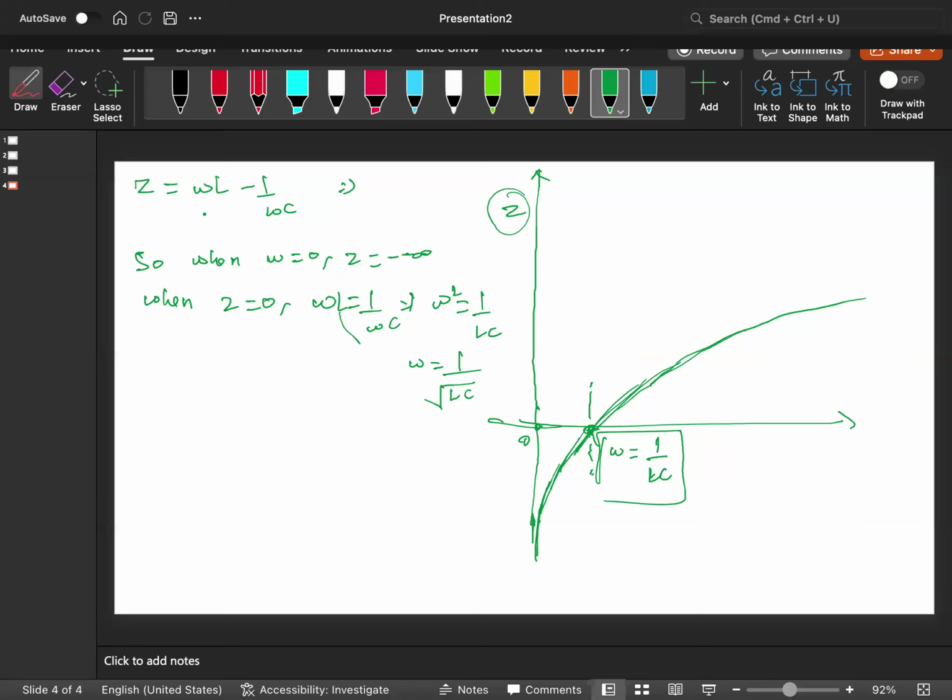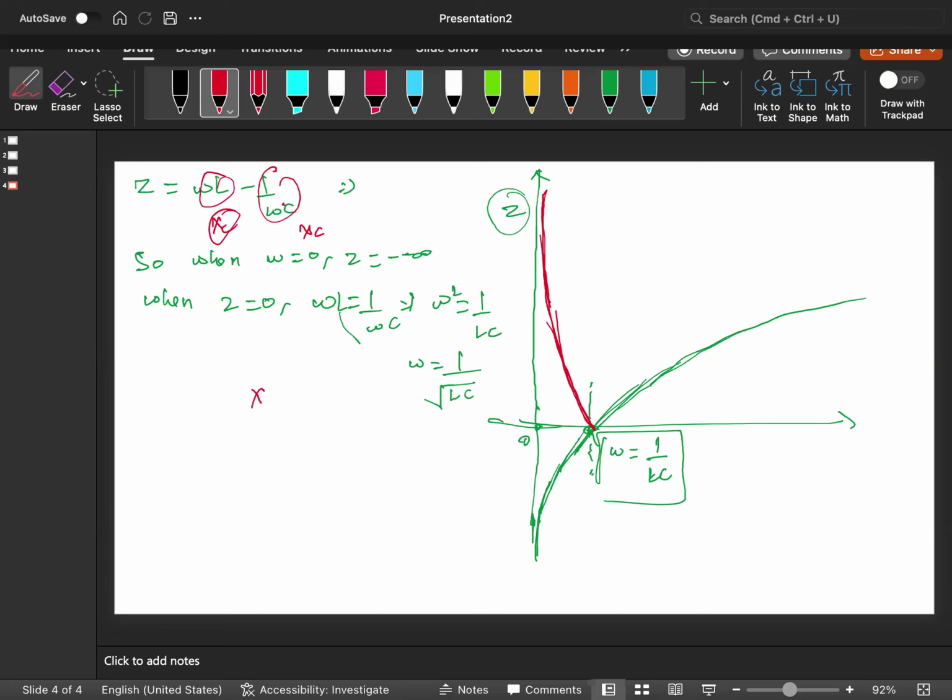What if your XC is greater? In that case, you are going to get a diagram like this. Till here, everything's fine. Look what will happen. Basically, this is XC, and the whole thing is XL.